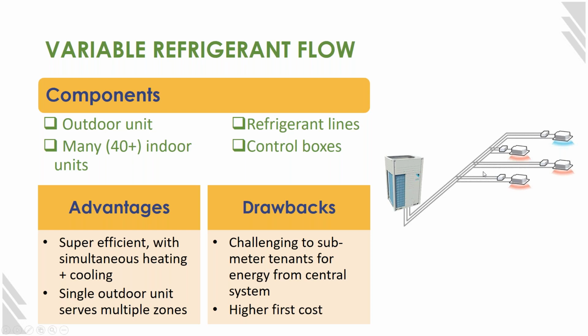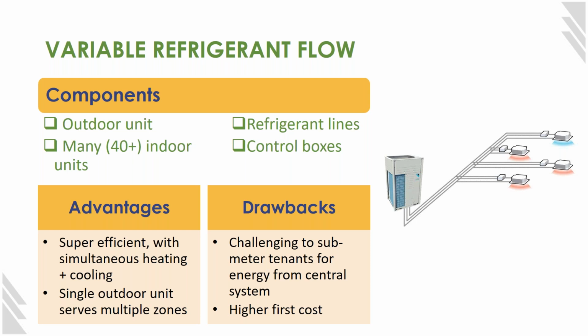Some advantages to a VRF system. These are super efficient, especially if you have a building where you're going to have simultaneous heating and cooling. So let's say you have a building with lots of solar exposure, lots of glass on the south and west sides, but you're in a relatively cool climate. Those south and west facades of the building in the evening and afternoon might need air conditioning, whereas the rest of the building might still need heating.